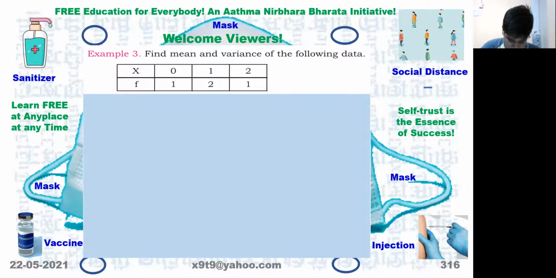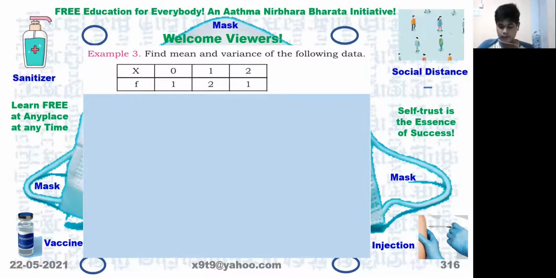Because of the several definitions we are given, one is variance is equal to sigma square. Sigma square is variance, so sigma is the square root of variance. So in the variance column, I should put only sigma fx square by n minus x bar square.